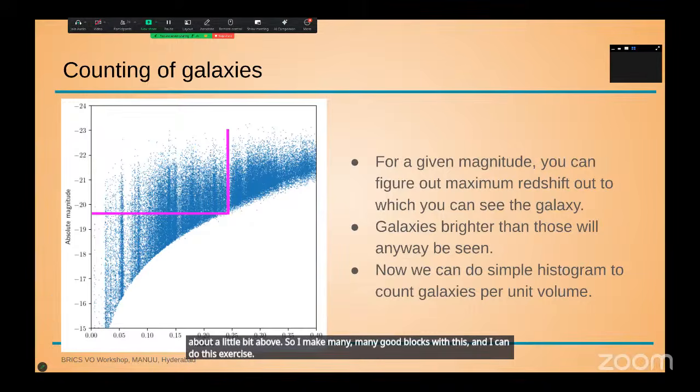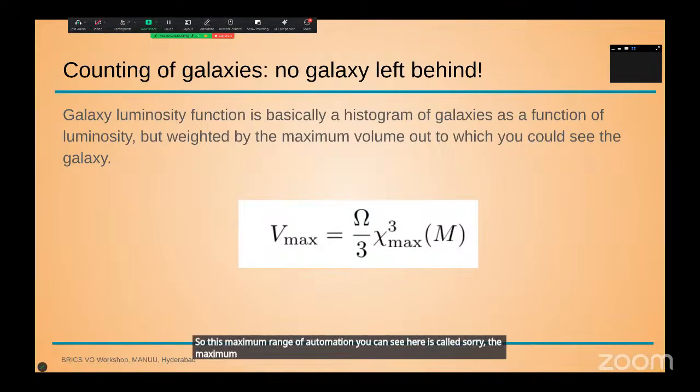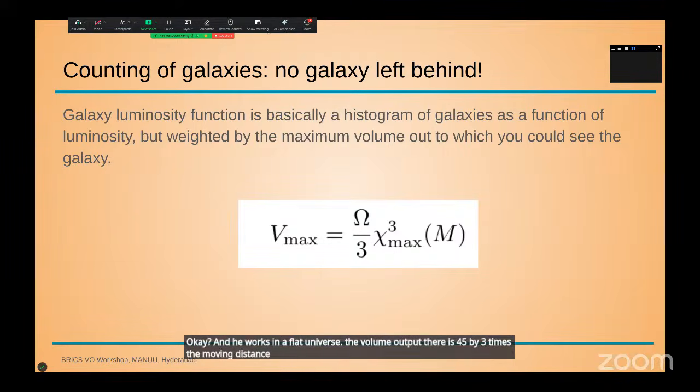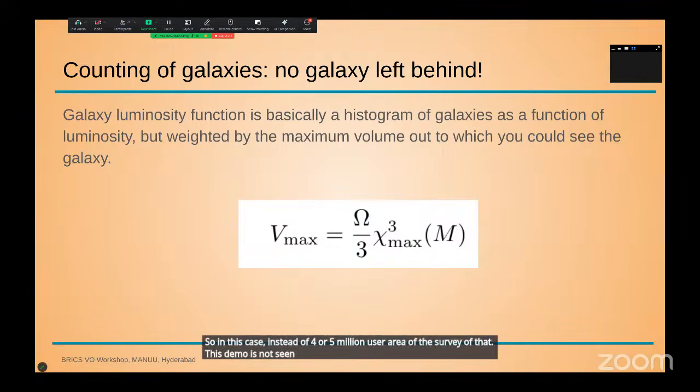The maximum volume out to which you can see a galaxy is called Vmax. In a flat universe, the volume out to redshift z is 4 pi by 3 times the moving distance cubed. In this case, instead of 4 pi, we will use the area of the survey of GAMA, because GAMA is not seen over all sky, it has only seen some region.